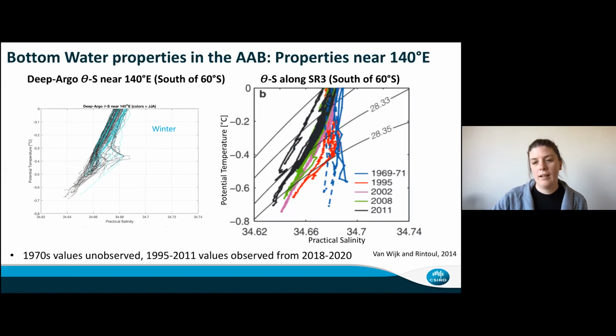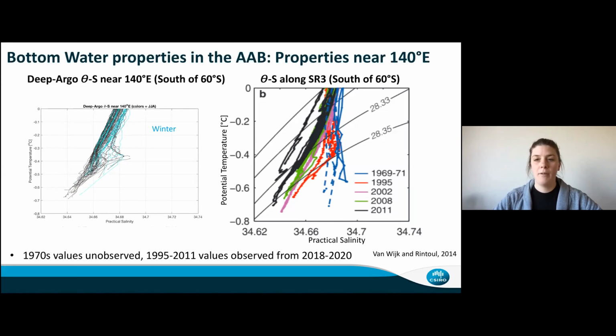And so one of the main points that I want to make here is that we have very limited shipboard observations in this region of the world, and that this pilot array was really going to elucidate and illuminate a lot of information about the deep ocean and the entire water column in general, because of course it profiles the entire water column.